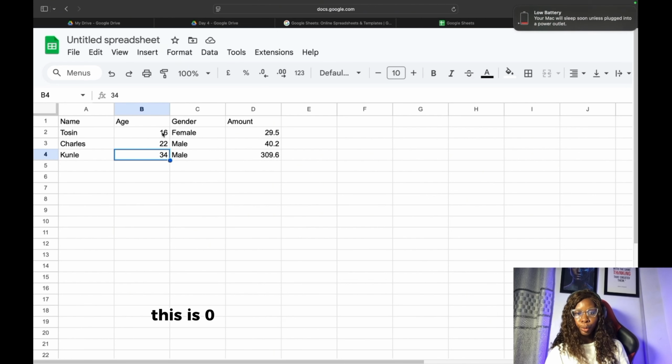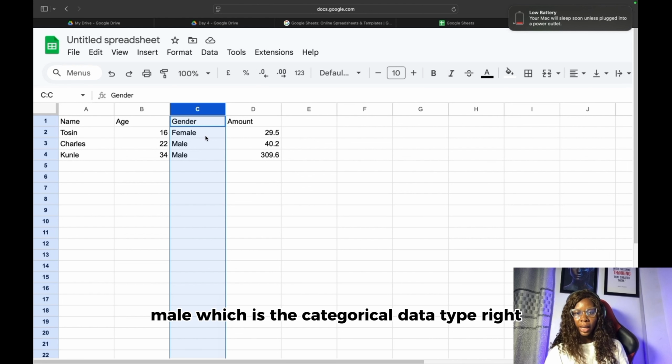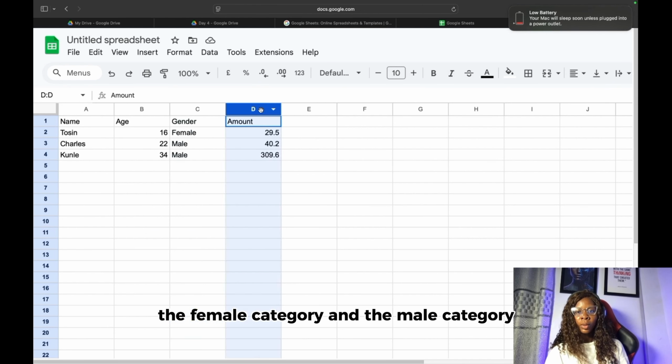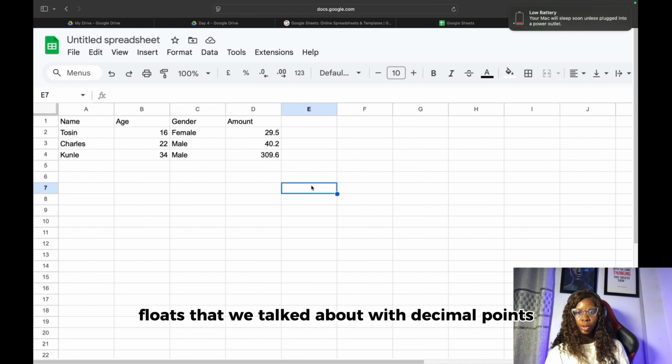Under this is whole number under numerical data type, okay? And then we have the gender column, female, male, which is the categorical data type, right? Because we have two categories, the female category and the male category. And we have the amount. The amount is also a numerical data type, which falls under the floats that we talked about with decimal points. All right, I just quickly wanted to run you through that.